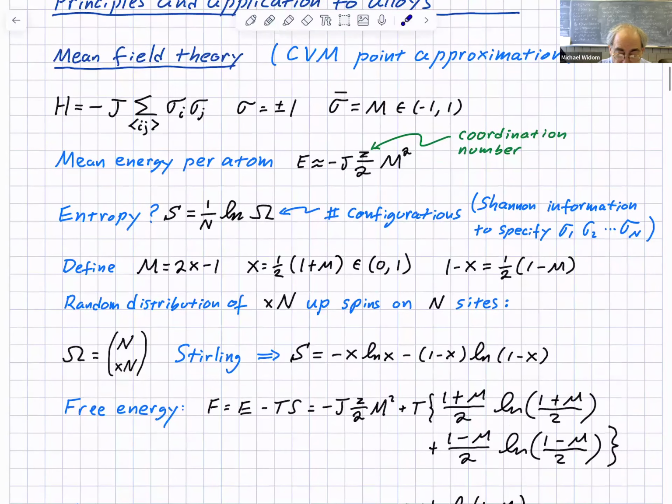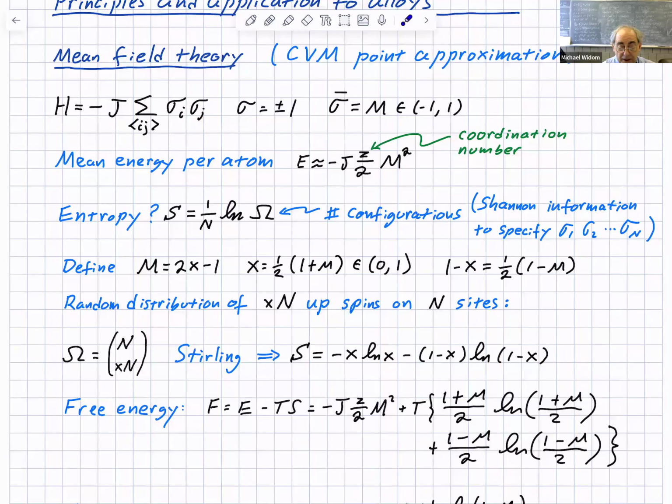So now let's use that new variable x to write down the number of configurations for N spins subject to a mean magnetization m, which I rewrite in terms of this variable x. So now we know that we want xN up spins, and the remainder, which is (1 minus x) times N, that many down spins.